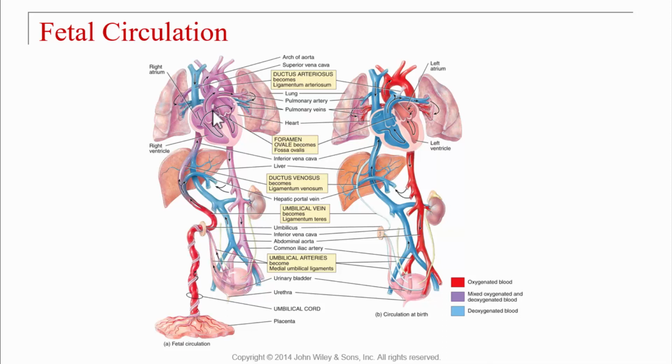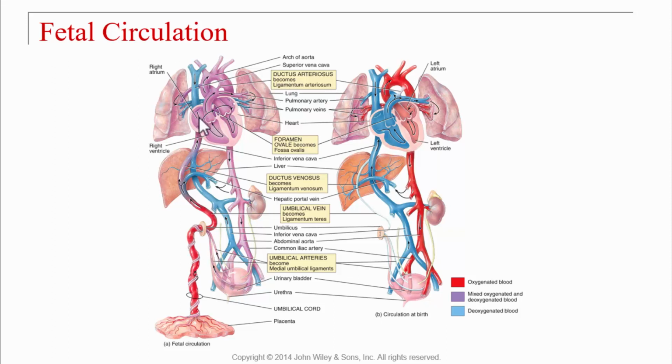Correct? Since the fetus is not utilizing the lungs, we need to bypass some of that blood around the lungs. We don't have to send all the blood to the lungs. We're going to send some there because we want to make sure capillaries are patent and functioning, and also the lung tissue itself is going to need oxygen. But we're going to bypass some of that.